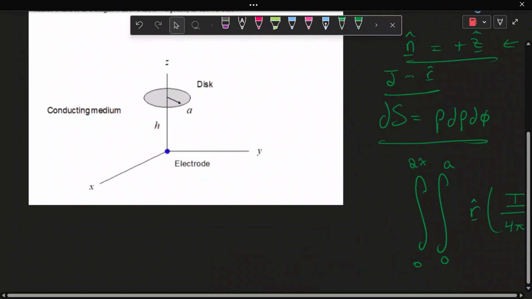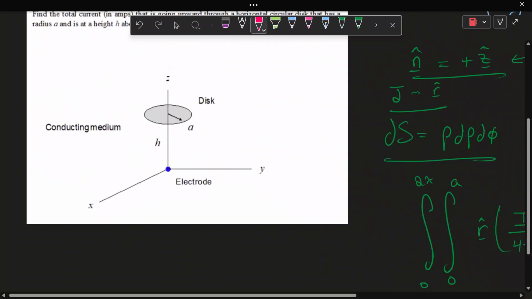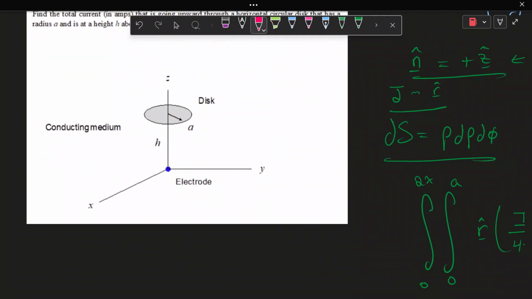Well, let's look here on the picture. What is theta in spherical coordinates? Well, we know phi is going to be the angle in the xy plane. This is phi. Theta will actually be the angle going between the yz plane or xz plane.